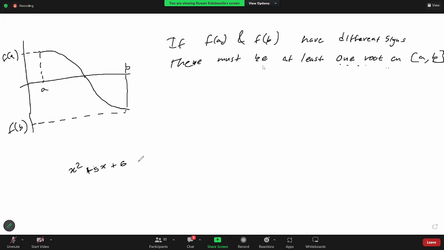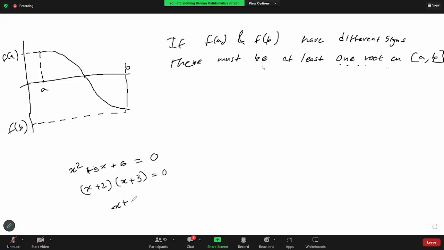So this is the function you have. If you get this at grade 8 or grade 9, what did you do there? You equal this to 0 and find the factors, x plus 2, x plus 3, this way.